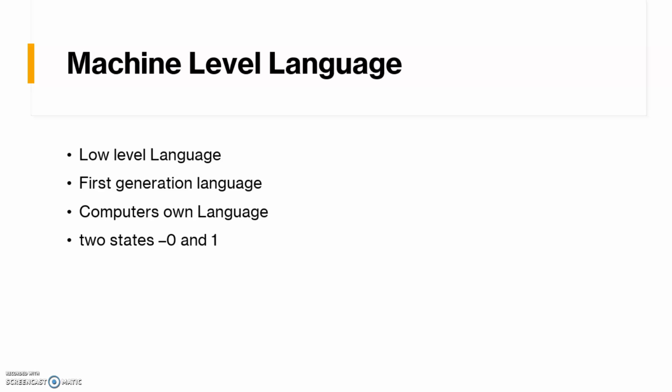That means only two conditions are there, and all the instructions should be written in binary code, which is nothing but a combination of zeros and ones. The computer understands only this binary code, so it is called machine code or machine level language. Got it all of you?